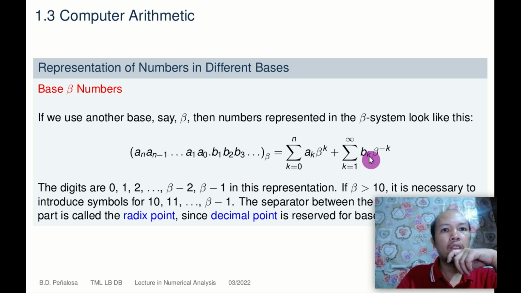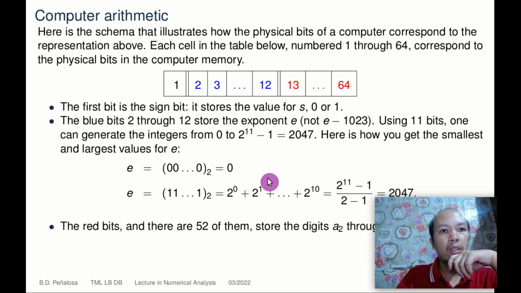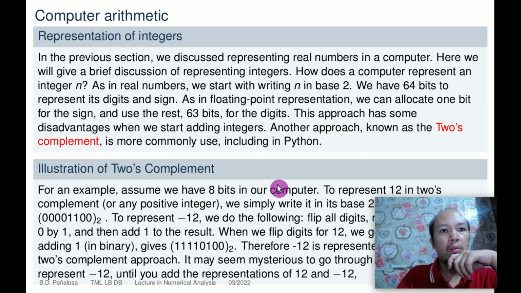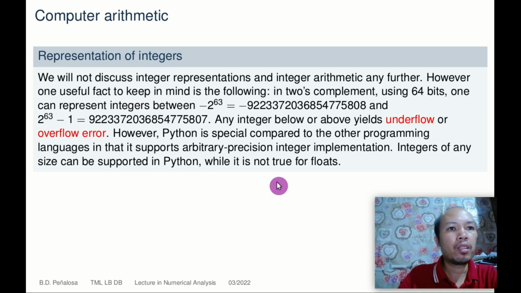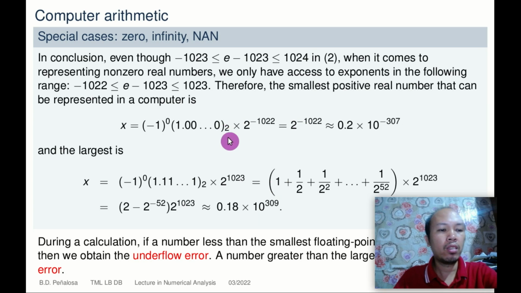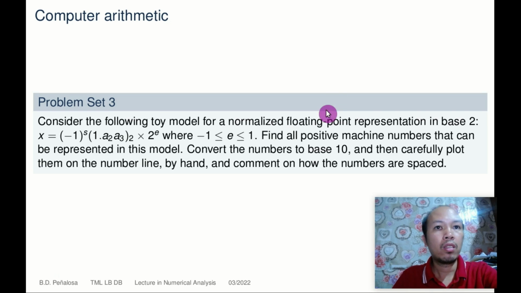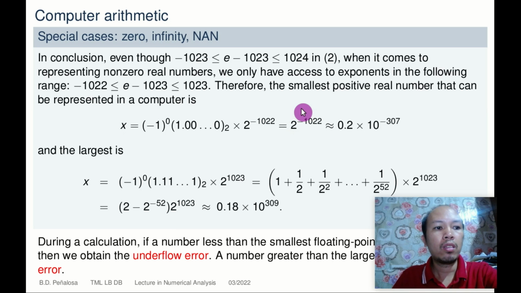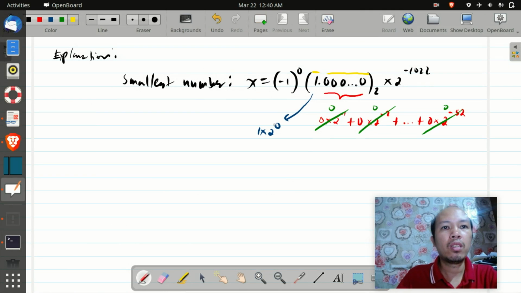It will start at 1, and for the integral part it will start at 0. So if you go back to this problem, we have 1 times 2 to the 0.